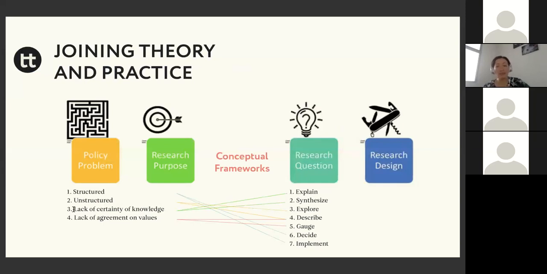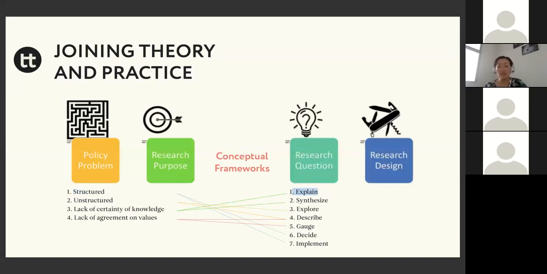But for example, if we are already working in a structured problem, so we already know, for example, remember CGD, they were already working in a problem where they were ready to go into action and working on this market for vaccines. They didn't really need any research explaining why vaccines was important.